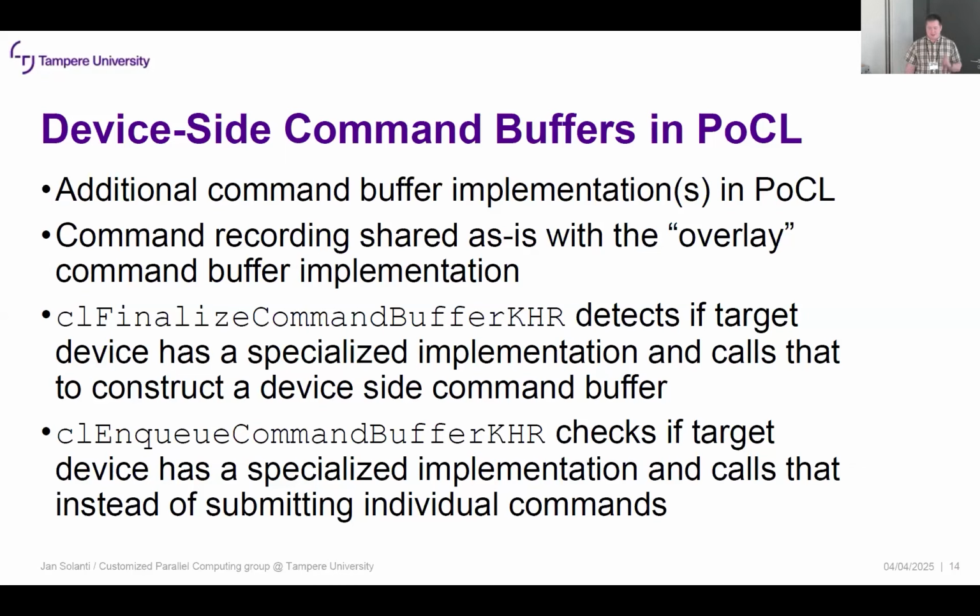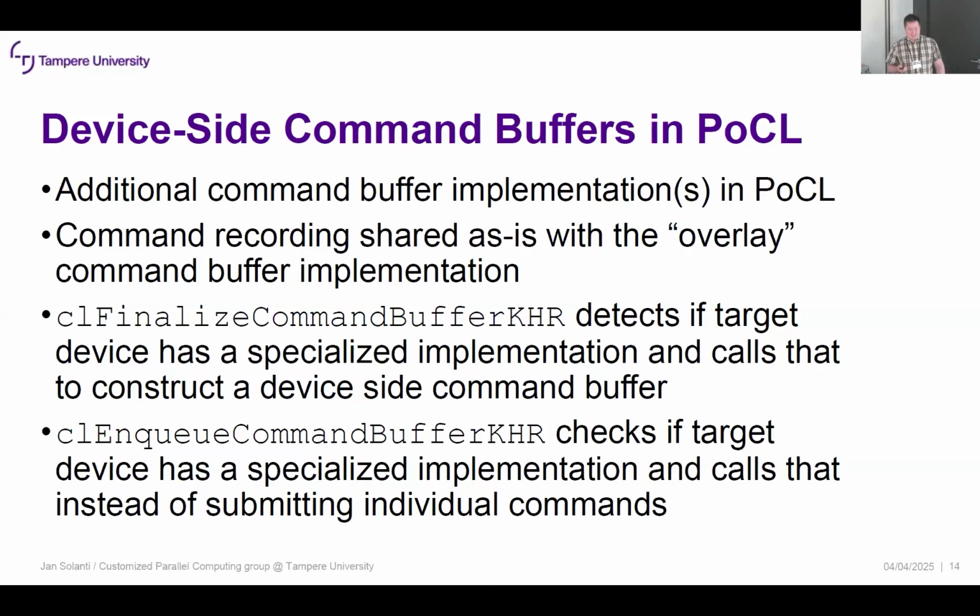So POCL actually has two command buffer implementations. One is the simple overlay implementation, which works with all of the backends in POCL. You can use it with the CPU, you can use it with the CUDA backend, you can use it with the Vulkan backend. The backend doesn't actually need to know about it. And it basically just works.